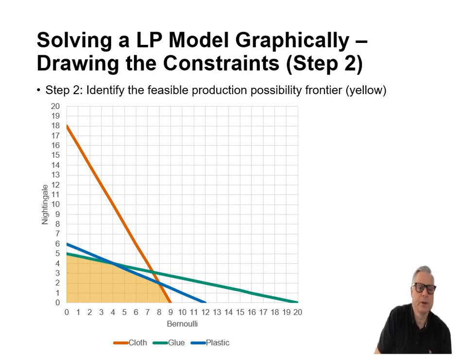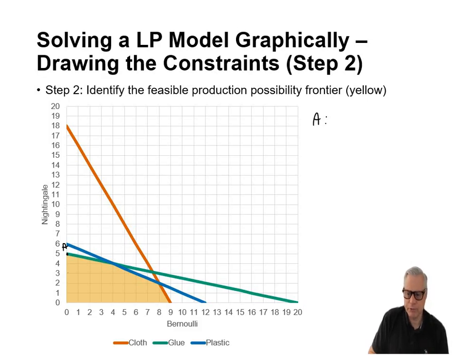Okay, so the next question is, what is the profit maximizing quantity? So let's take a look at this one here more closely. Obviously, I can produce 5 nightingales and 0 Bernoulli. So I can produce this point here. Let's call that A. Well, in point A, I produce 5 nightingales, but no Bernoullis.